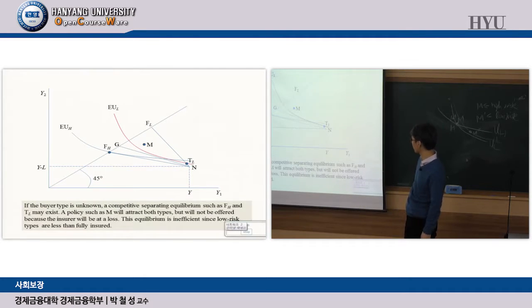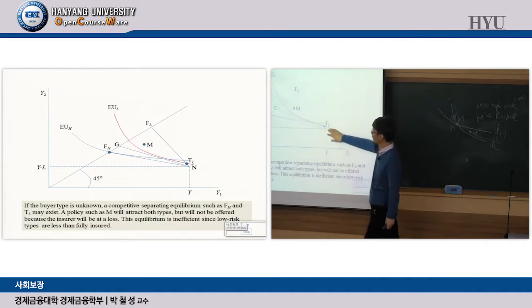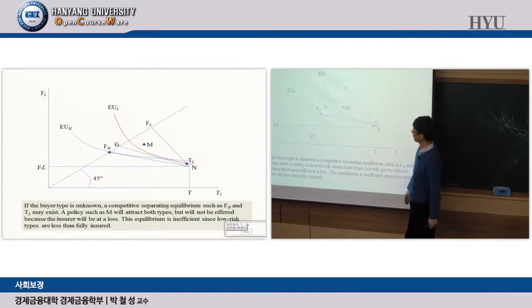Oh, this is an equilibrium. Okay, why is this an equilibrium? Think of this case. Now you want to disrupt this separating equilibrium. What can you do? To get rid of the separating equilibrium, there should be a way of pulling them together.